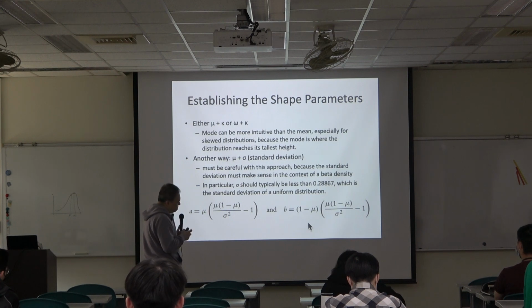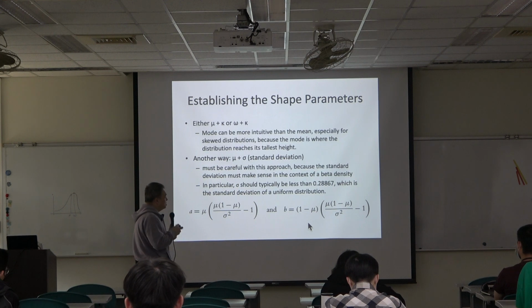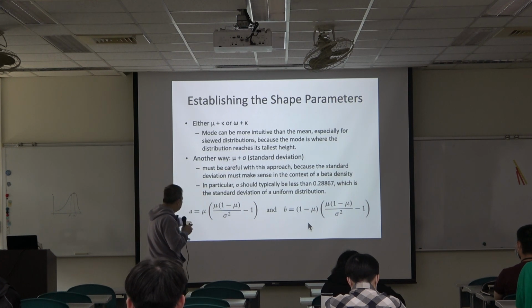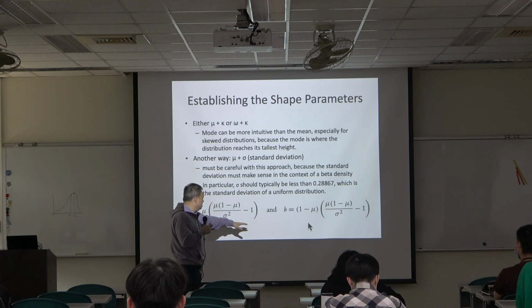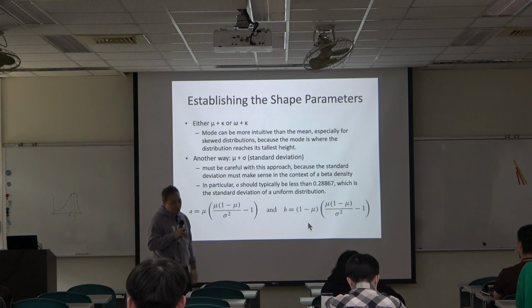So our beta distribution's standard deviation is less than the standard deviation of a uniform distribution. And when you have your mu and sigma, you can also use the lower equations to get your A and B values for your beta distribution.